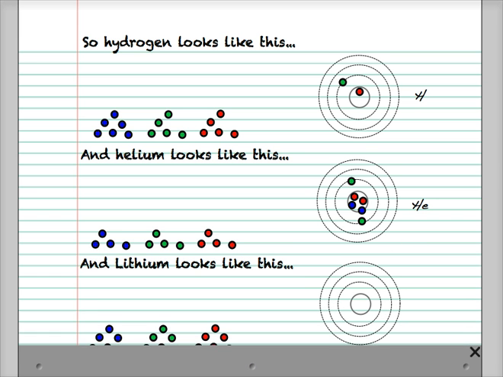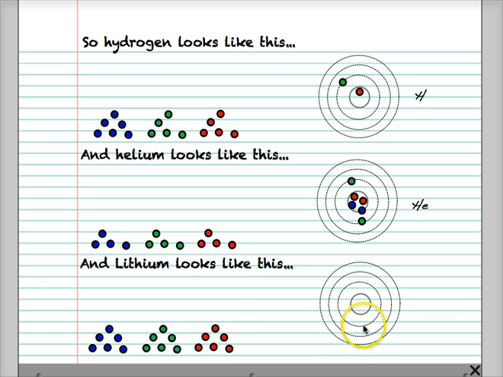And let's look at lithium. Lithium is element number 3, which means it must have 3 protons. If it didn't have 3 protons, it's not lithium. 1, 2, 3. It must also have 3 electrons if it's uncharged. 1, 2, and 3.